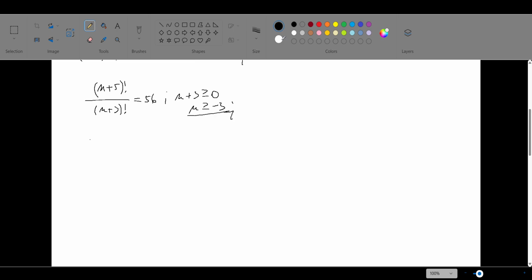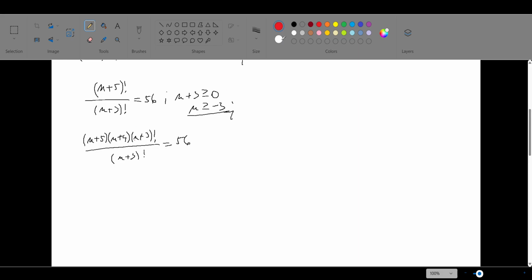Now from the previous video you should already know that (n plus 5) factorial can be expressed as (n plus 5) times (n plus 4) times (n plus 3) factorial over (n plus 3) factorial is equal to 56.